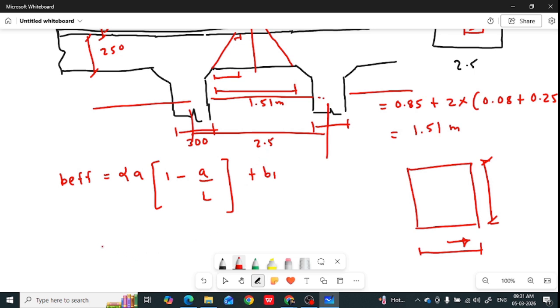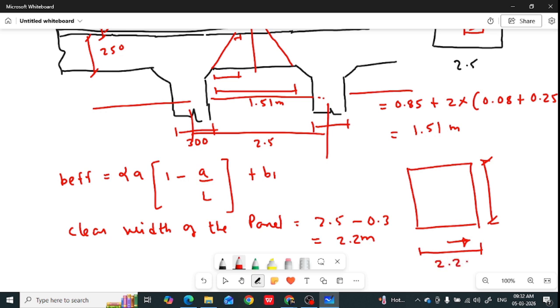So you can find the clear width of the panel. Clear width of the panel equals 2.5 meter, the center to center distance between the longitudinal girders, minus 300 by 2 minus 300 by 2. You can directly take it as 0.3 and you are getting it as 2.2 meter. The width of the panel is 2.2 meter.